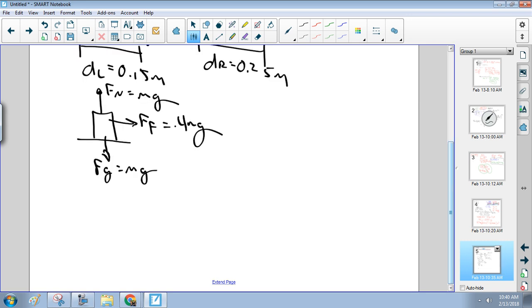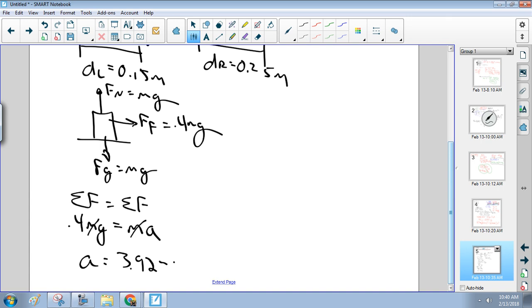Right, coefficient of friction times normal force. So now I can do net force equals ma. So 0.4 mg equals ma. And the acceleration ends up being 0.4 g, which is 3.92 meters per second squared. I guess negative, right? No, actually positive, because it's to the right.